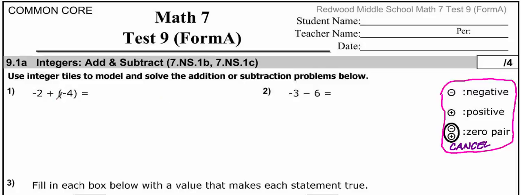So let's go ahead and start problem number 1. I'm not going to put them inside the circles. I'm just going to show the negatives. So for negative 2, I've got two negative signs. I'm adding negative 4, so I'm adding 4 more negative signs. In this particular problem, there are no zero pairs. If we were thinking of this from the wallflower dance, there are no couples.